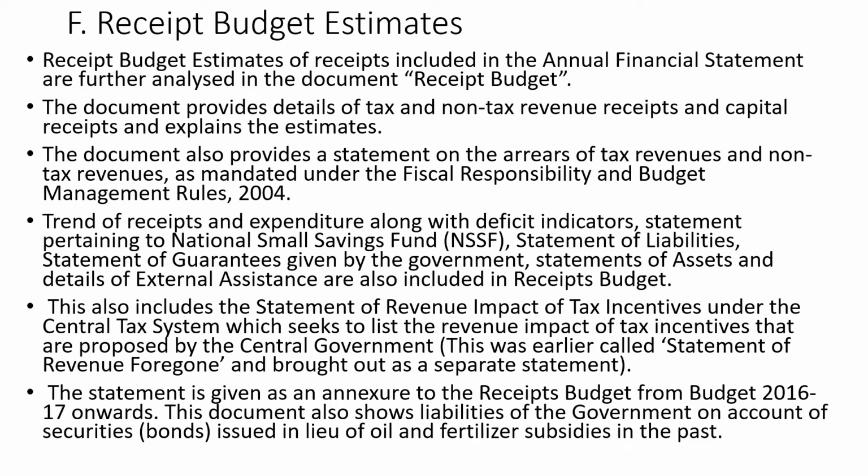It also takes into consideration the revenue impact of tax incentives under the central tax system. The statement is given as an annexure to the receipts budget from the budget 2016-17 onwards.